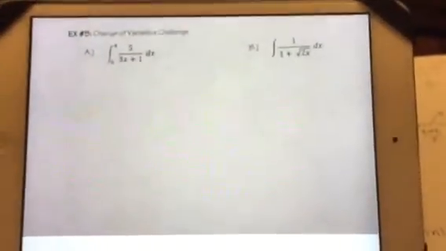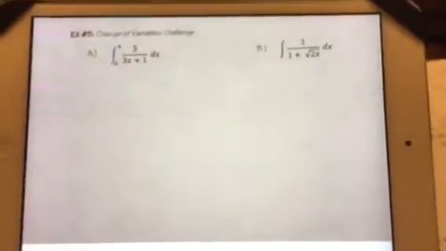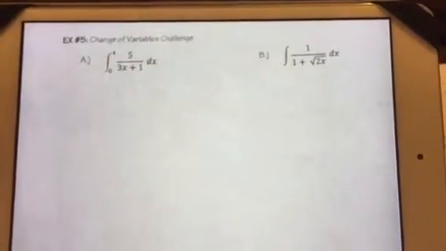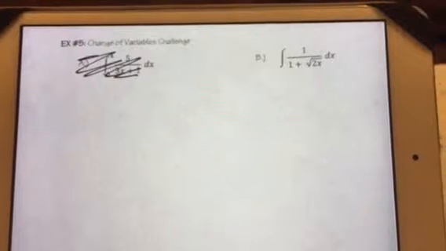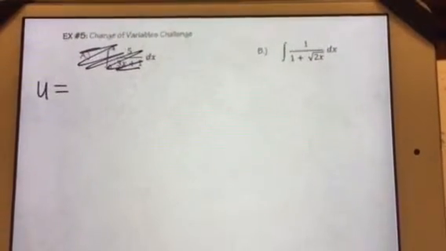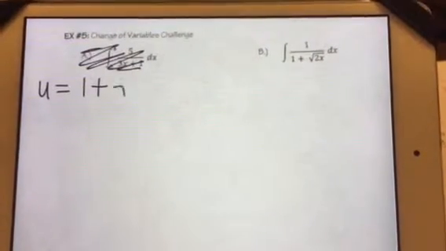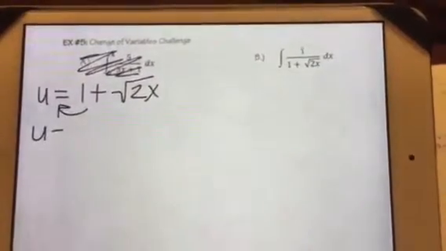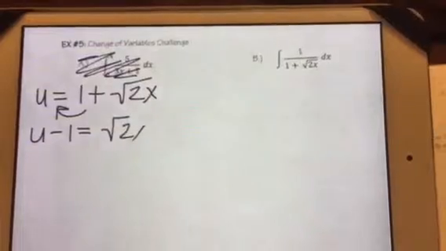I had to erase what we had on part A because I needed the space. So what we're going to do first, we're going to forget this for now because we've already used it. We're going to let u equal our denominator, so 1 plus square root of 2x. We're going to move our 1, so u minus 1 is equal to the square root of 2x.